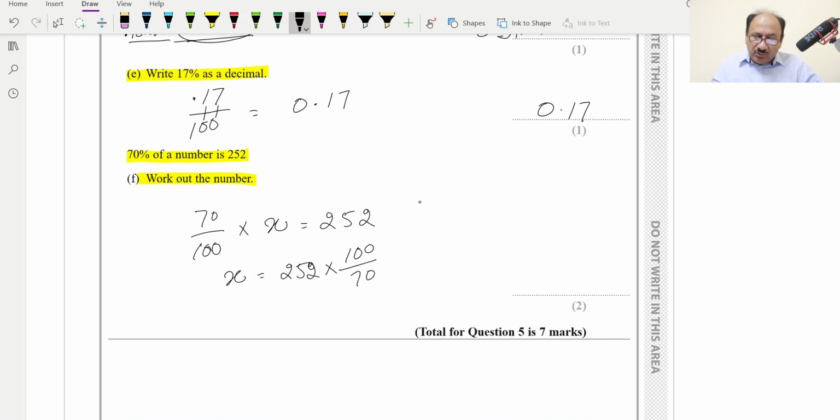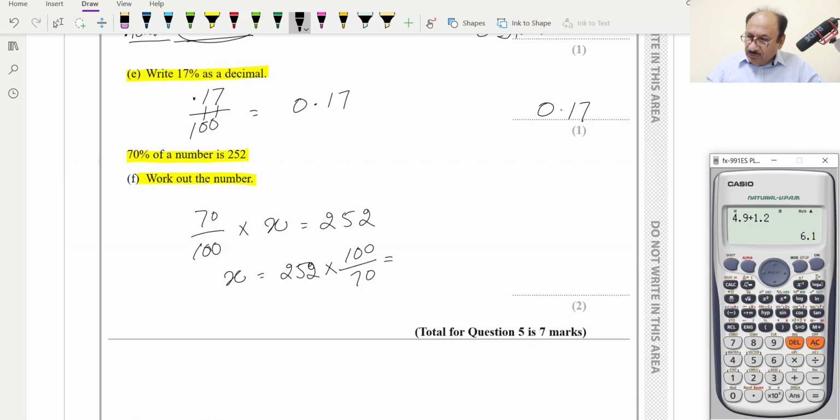The numerator will be changed to denominator and the denominator will be switched to numerator. This one we can solve with the calculator. 252 multiplied by the fraction 100 over 70 results in 360.